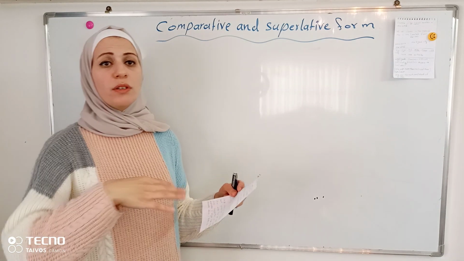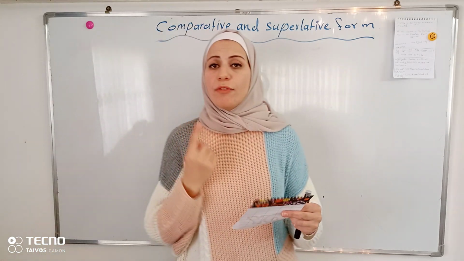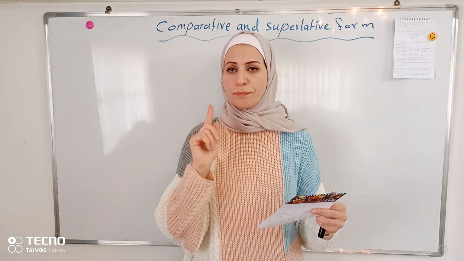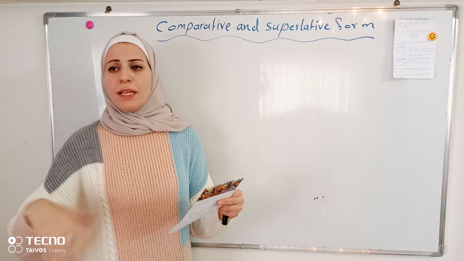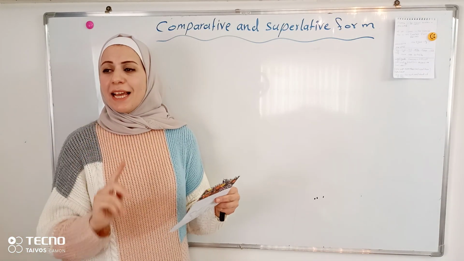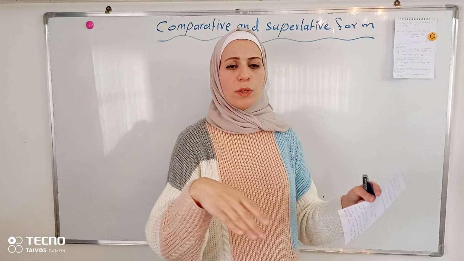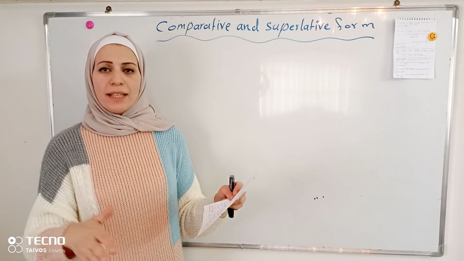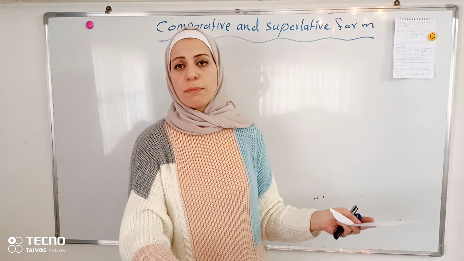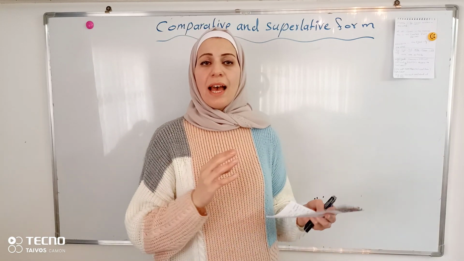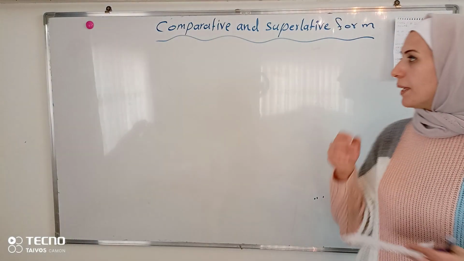For example, Ali is the cleverest of all students in the class. Ahmad is the cleverest of all students in the class, the smartest one of all the students.